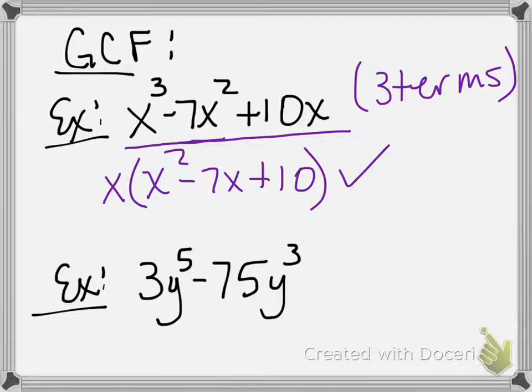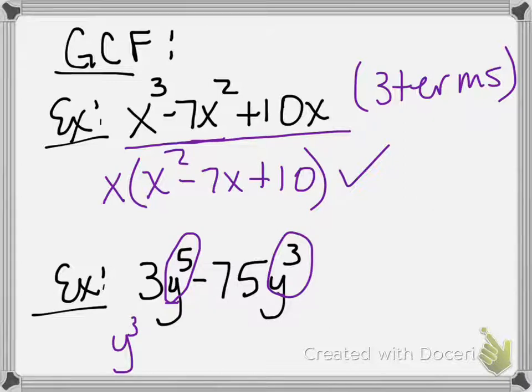If I do that with the next example, 3y to the fifth minus 75y cubed, this is divisible by y cubed because there's at least y cubed here, and y to the fifth has y cubed in it also because there's at least 5 of them. And then I might also want to double check and see if it's divisible by 3.